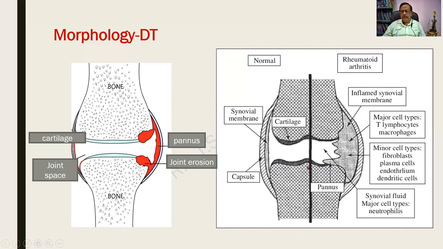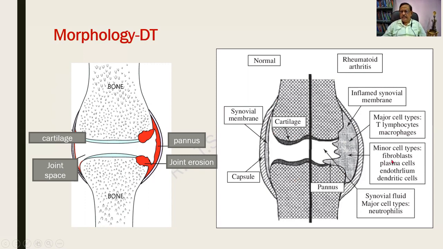This picture can be followed. This is a normal half and this is a pathological half. In the normal half, all the components are shown. I will not go into it. Whereas in rheumatoid arthritis, there is an inflammation of the synovium. Major cells are the T lymphocytes and the macrophages. These are chronic inflammatory cells.